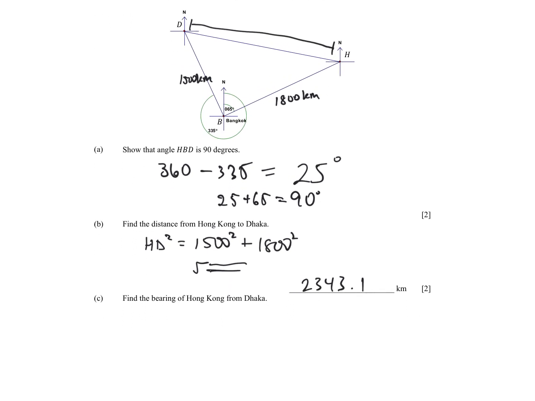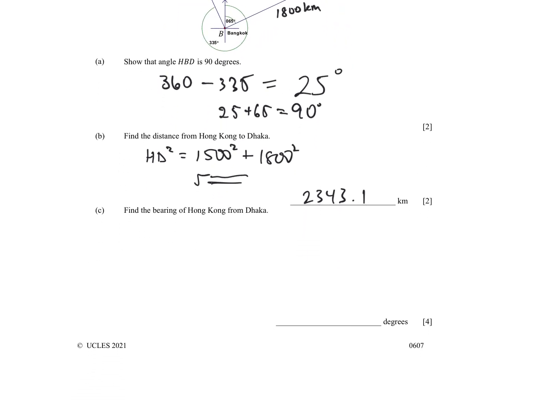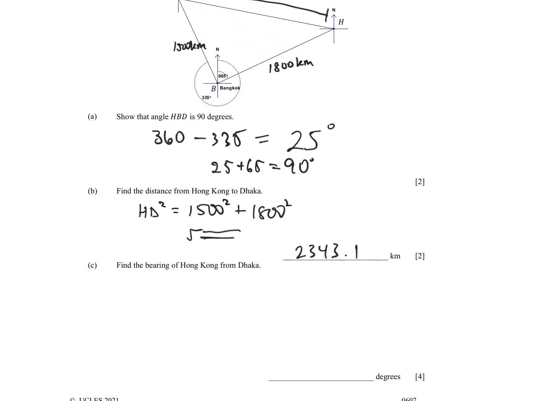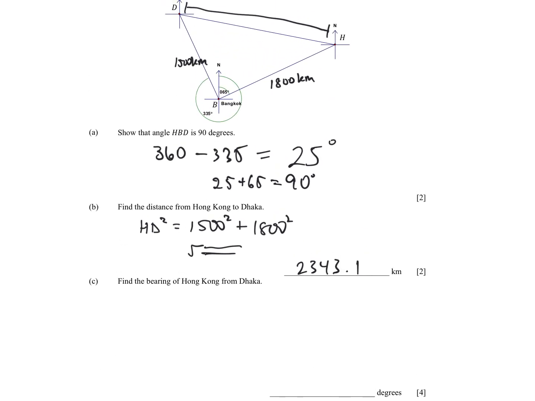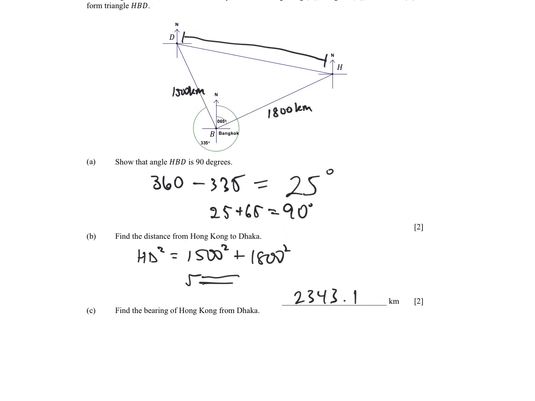There we go. Sorry about that. It says find the bearing of Hong Kong from Dhaka. The bearing of Hong Kong from Dhaka. So actually, it's better maybe for us to start the question with the screen like that so we can sort of see.